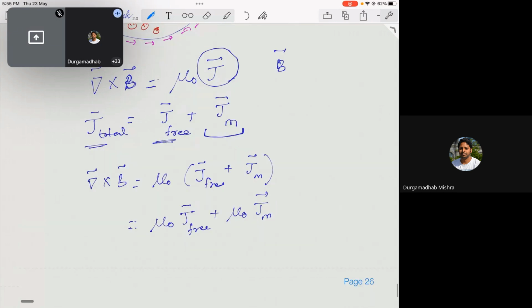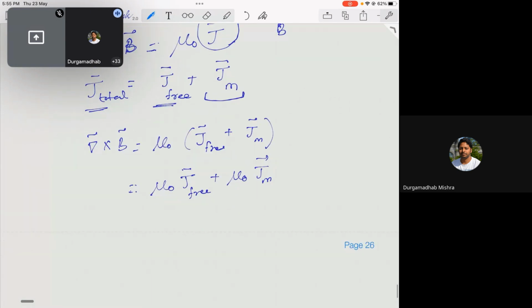So this J M we give a name: it is a bound current due to magnetization. And how is it related to our magnetization M?